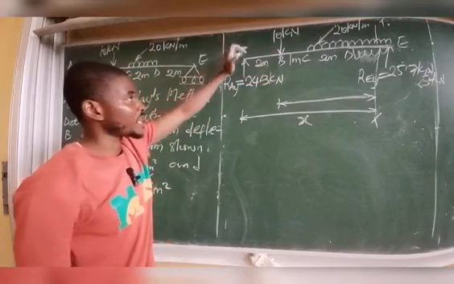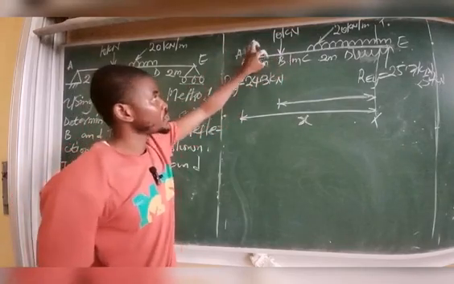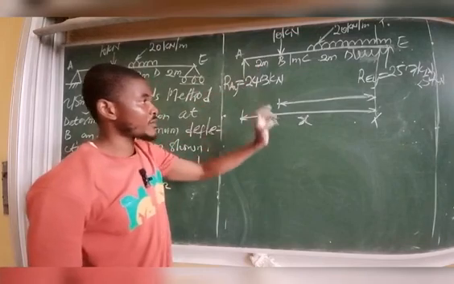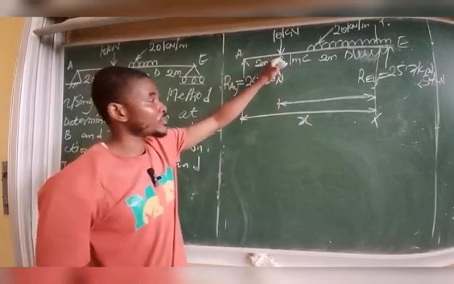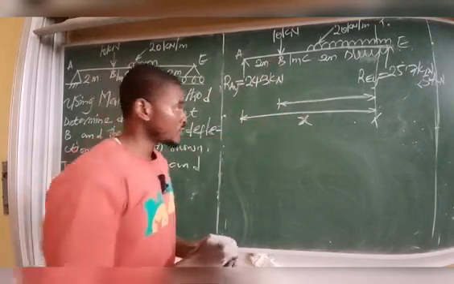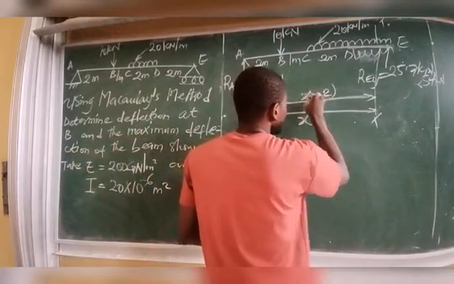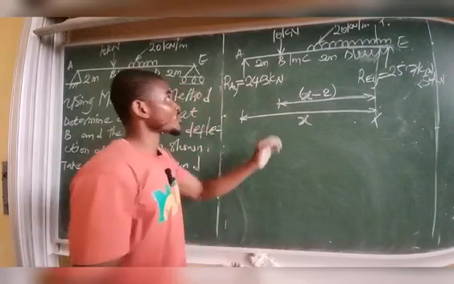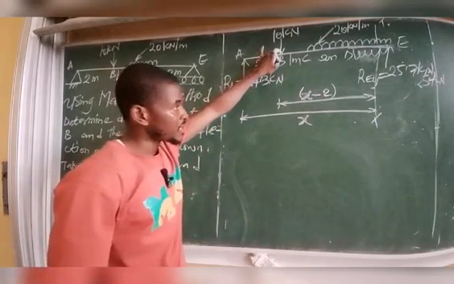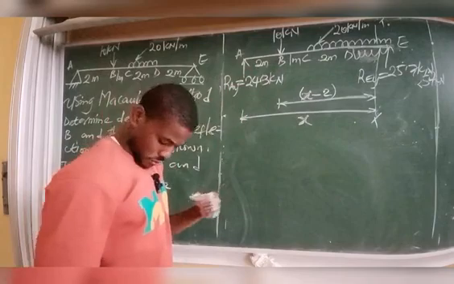I am no longer moving from point A, I am moving from point B. So simply take this 2 meters behind away from x. That gives you the distance from point B to the point of section, which is x minus 2.